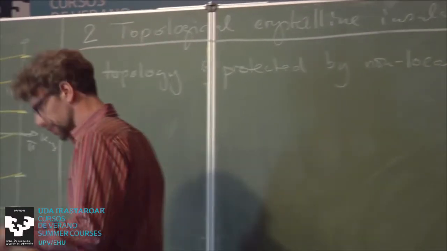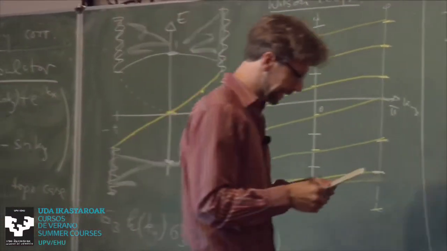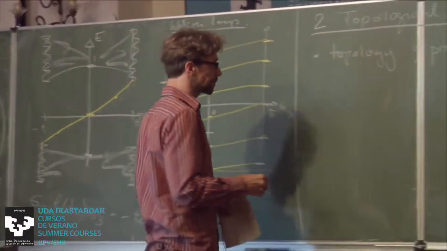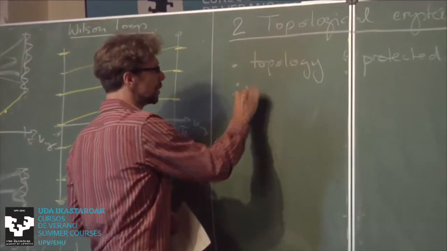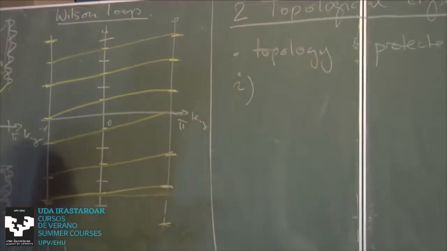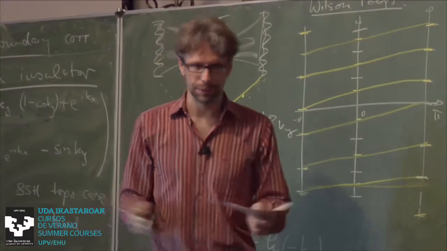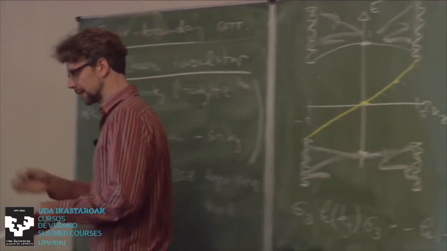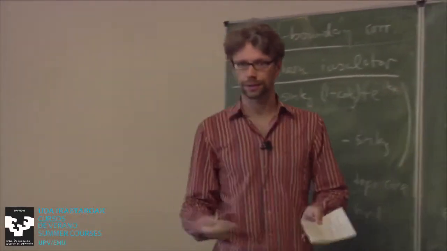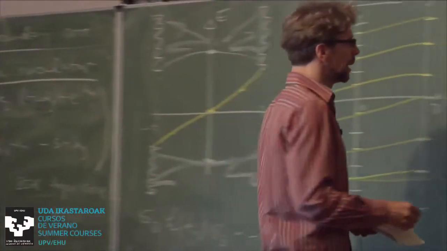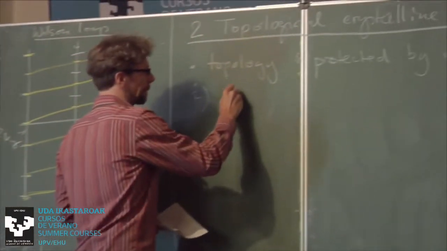So these non-local symmetries could be mirror, could be inversion, could be a rotation, things like that. And there are basically two ways of looking at it. One is, does this non-local symmetry protect the bulk from being adiabatically connected to a trivial bulk, some atomic limit?